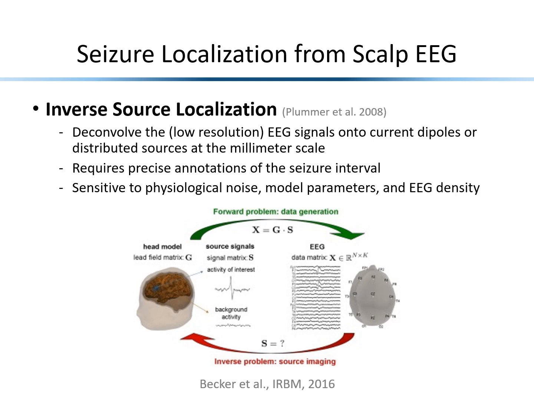Unfortunately, these inverse solvers require careful annotations about the seizure interval, and there can be disagreement across experts, so it might not be consistent. More importantly, inverse solvers are sensitive to things like physiological noise, the number of EEG channels, and the underlying head model. As a result, these inverse solvers are not considered reliable enough for a clinical setting.